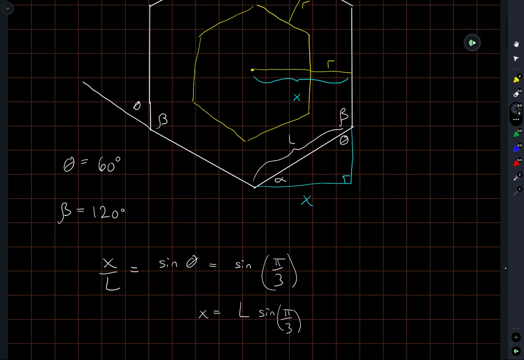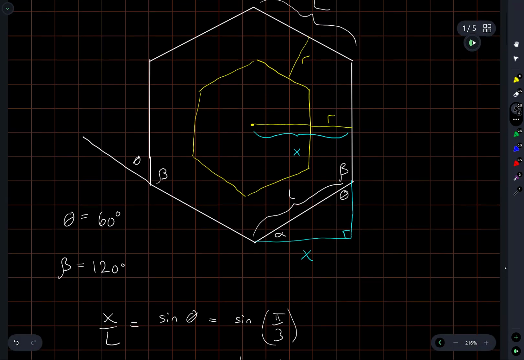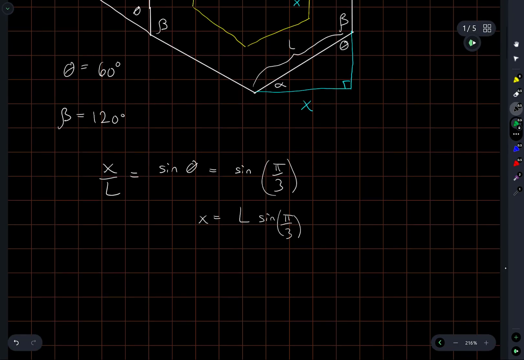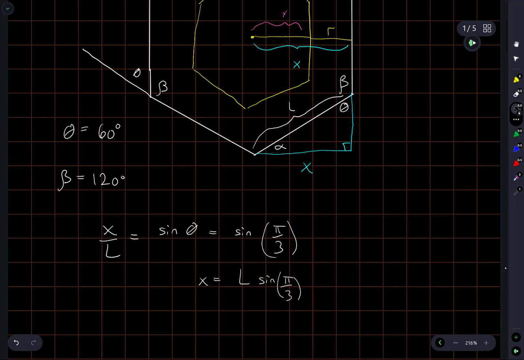And let's call this length y. Then I have y is equal to x minus r. R is supposedly given.